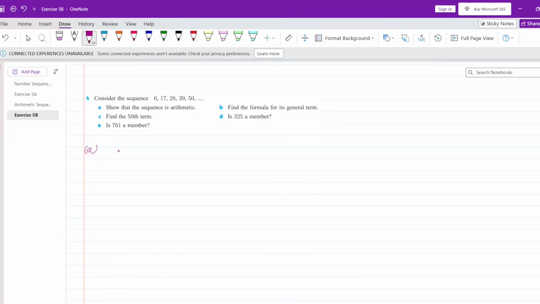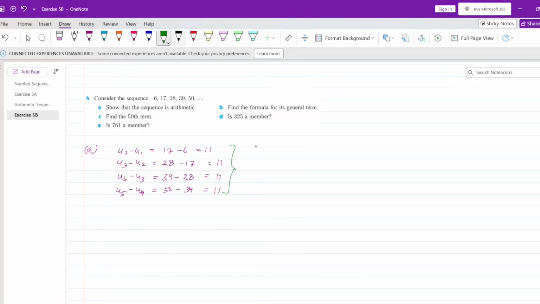So u2 minus u1 is 17 minus 6, 11. u3 minus u2 is 28 minus 17, that is 11. u4 minus u3 equals 39 minus 28, and that is 11. u5 minus u4 is 50 minus 39, and that is 11.